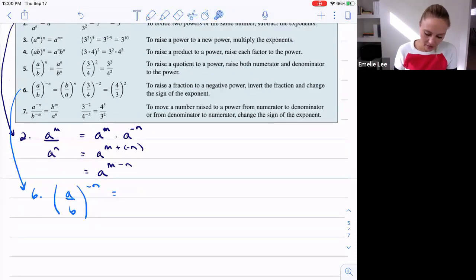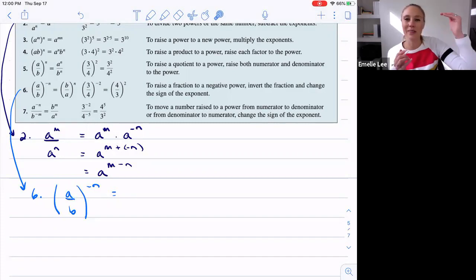I don't want you to memorize these things. So far, we only really need to know how to multiply the same bases to combine their exponents, and how to bring that exponent down or up from the denominator.